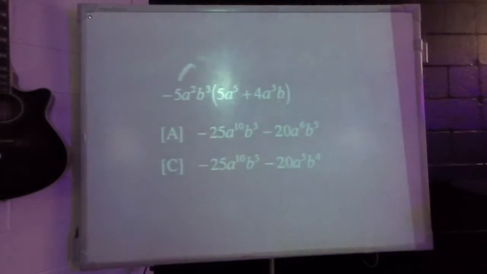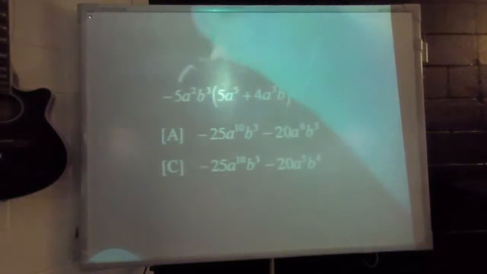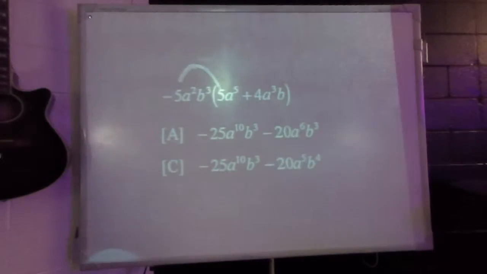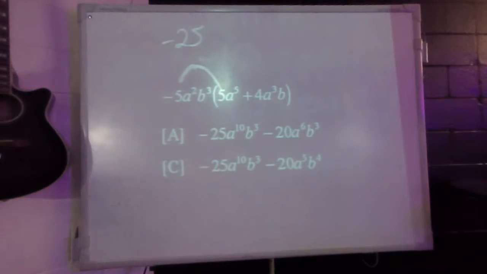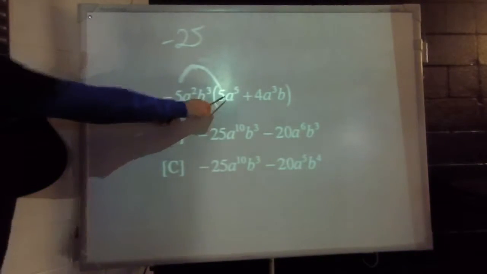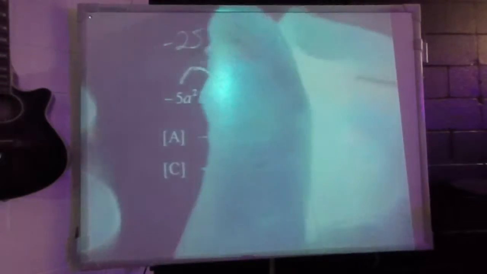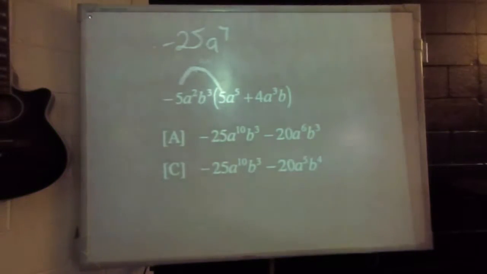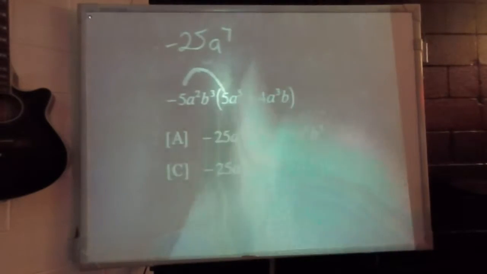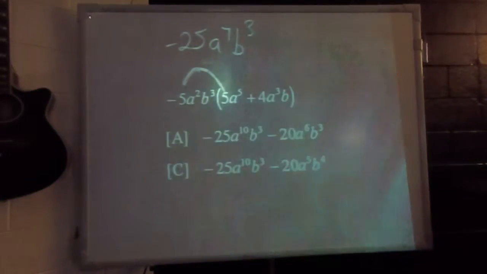So I got negative 25 is the number. Now, as you can see, all of your answers start out negative 25. How many A's do you have? 7. So I want negative 25A7. And then your B's. 3. Just the 3 that came from the monomial.